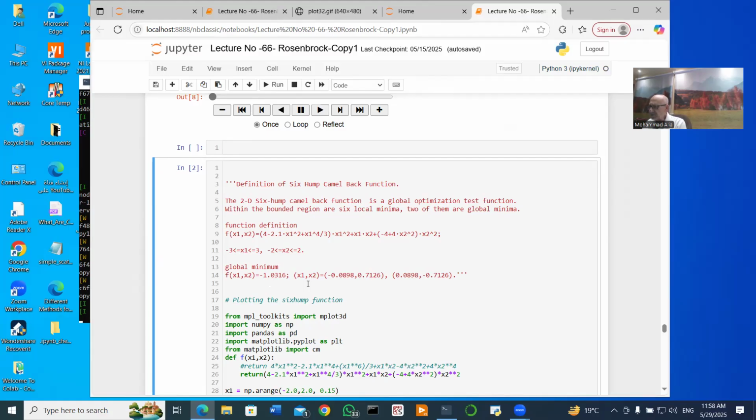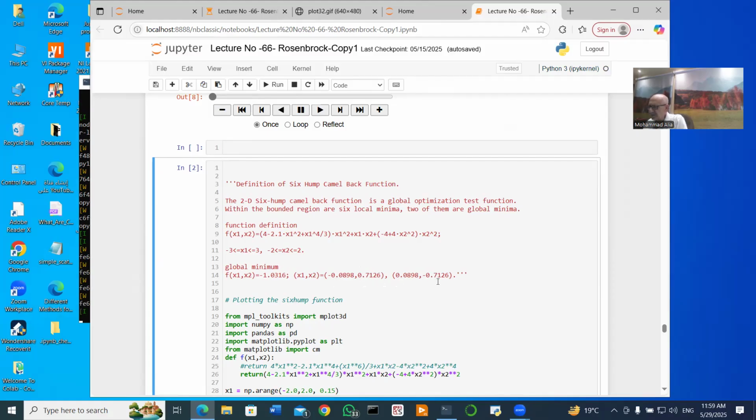And the coordinates of the 2 points where the minimum occurs are either -0.089, 0.71, or we change the signs: minus becomes plus, and the plus becomes minus.